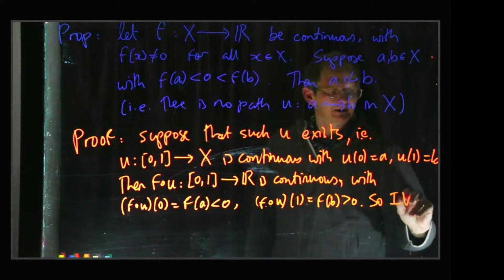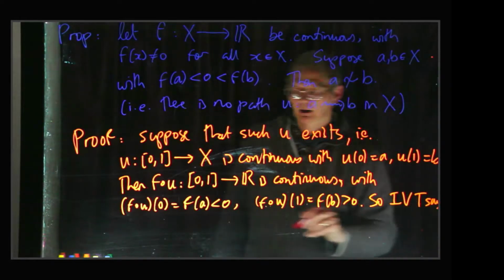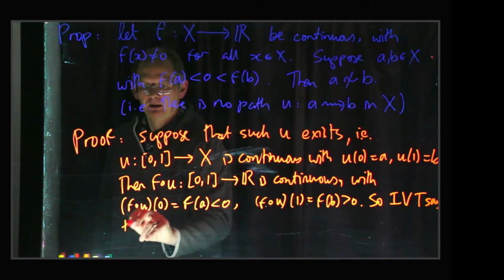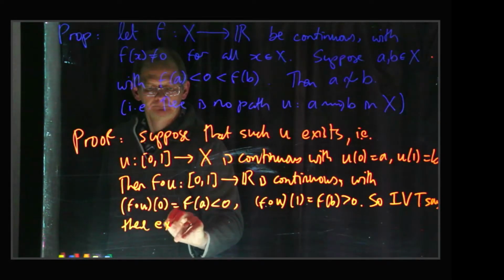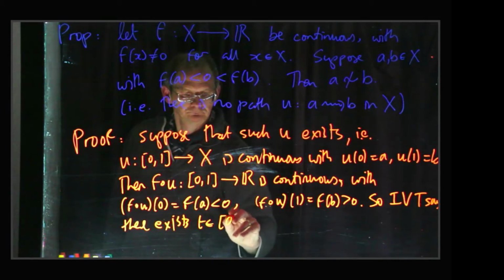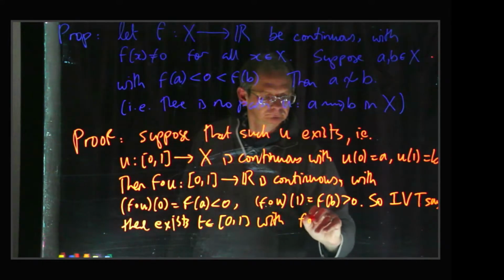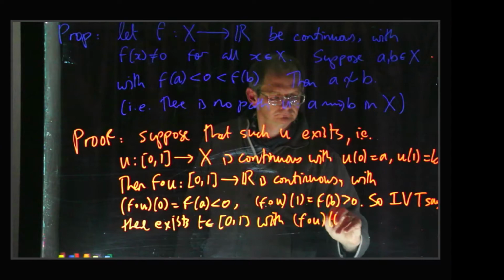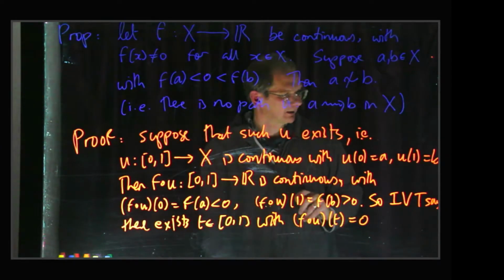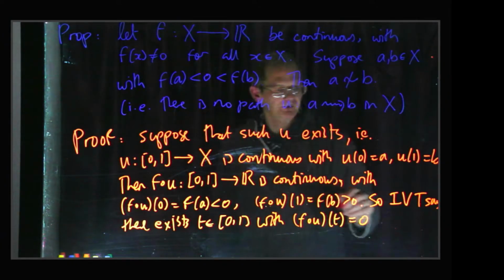So now the intermediate value theorem says there's some number t in the unit interval such that f composed with u at t is equal to 0.